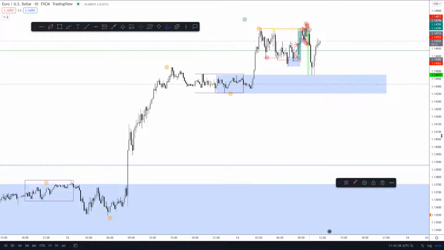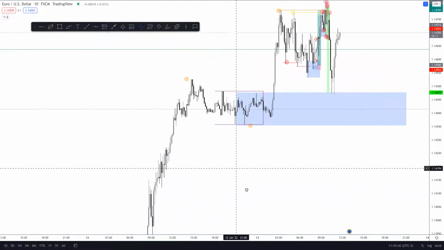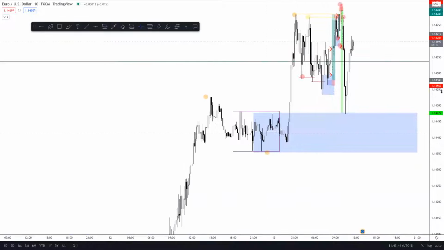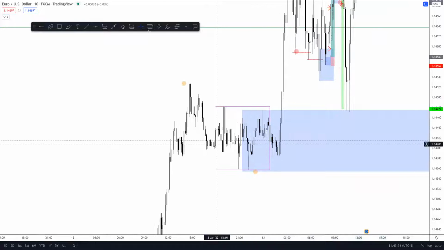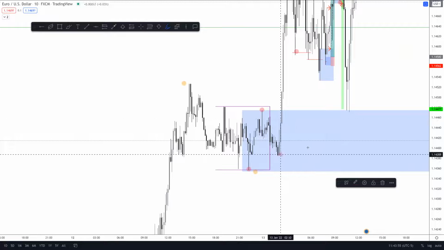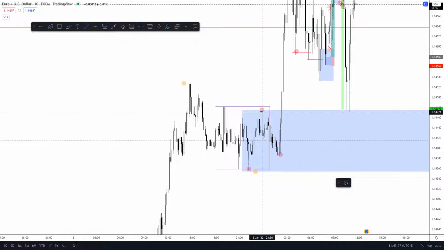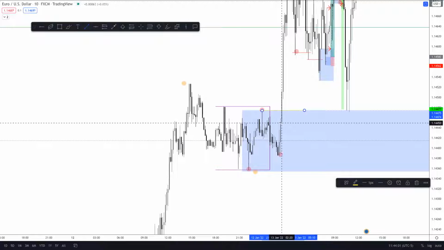If we come back over here and we want to find some refinements, let's mark up the internal structure that we have, right? So this is supposed to be refined down to here. We originally had this, right? So if we bring this out, what was the candle that caused this push?